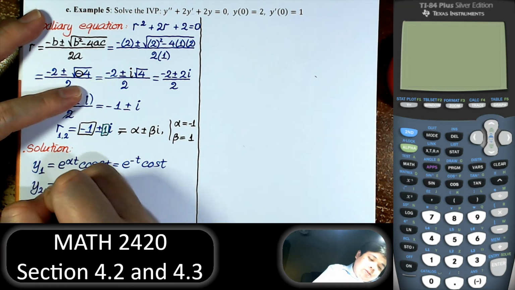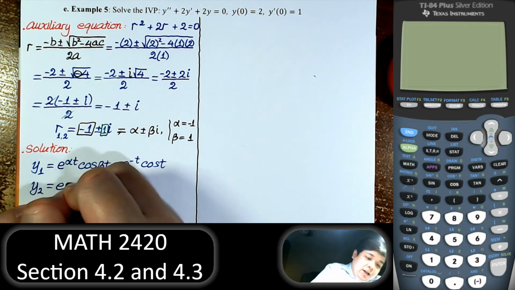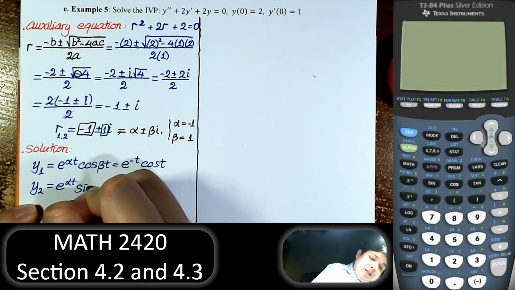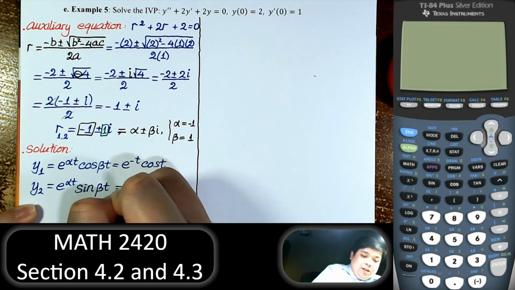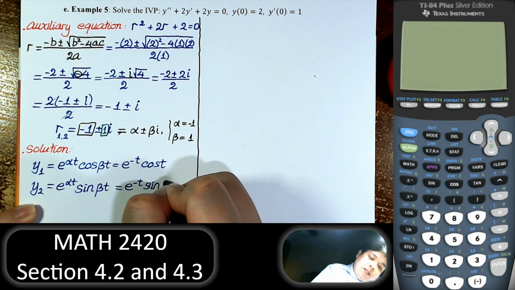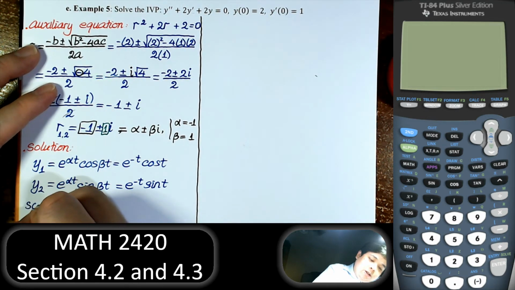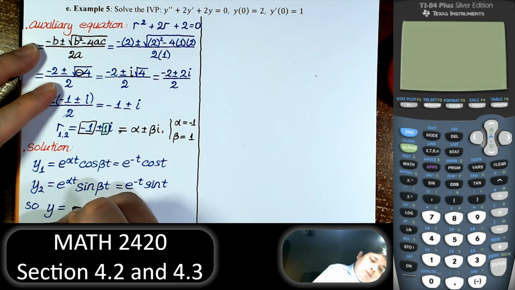y2 equals e to the alpha t sine of beta t. So e to negative t sine of t. And the linear combination of these two, c1 y1 plus c2 y2.